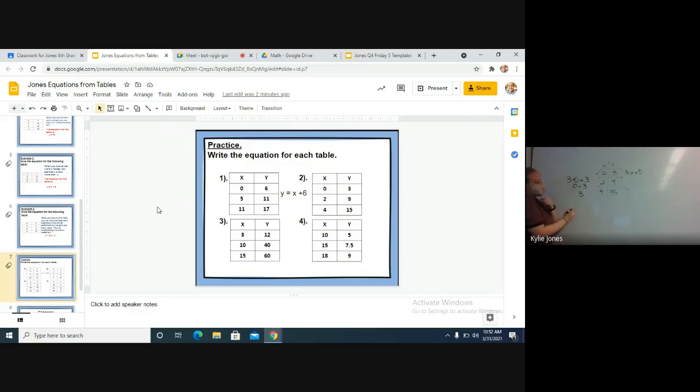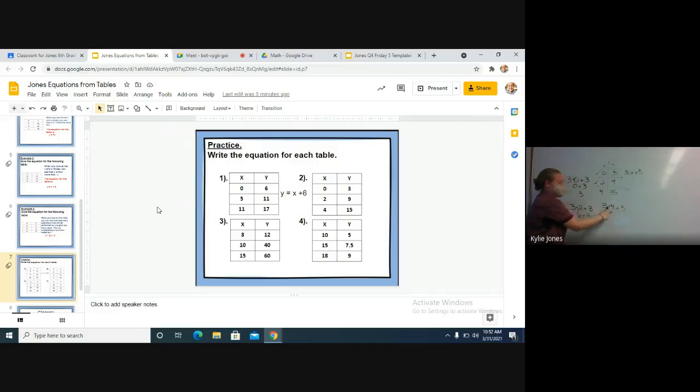Let's try it again. Our next one is 3 times what number? Times 2 plus 3. So what do I do first? Multiply 3 times 2, which is 6, plus 3 equals 9. This one works. Let's check our last one. 3 times 4 plus 3.